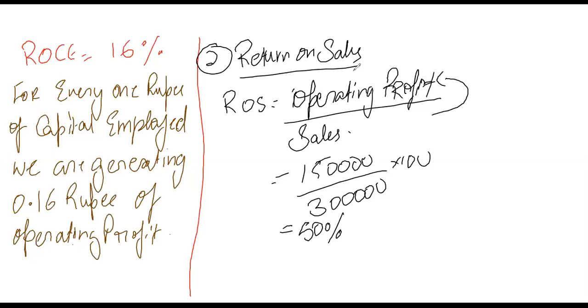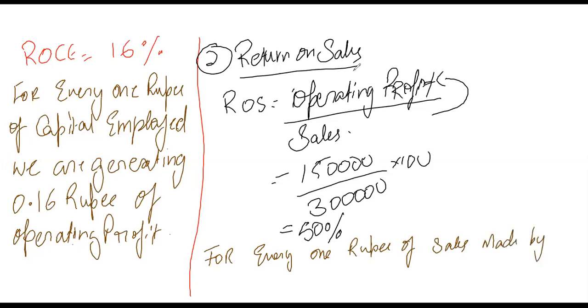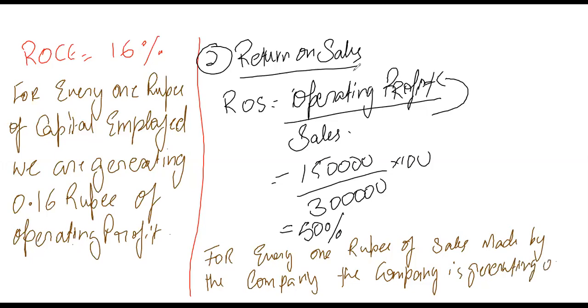So for every 1 rupee of sales made by the company, the company is generating 0.5 rupee of operating profit.